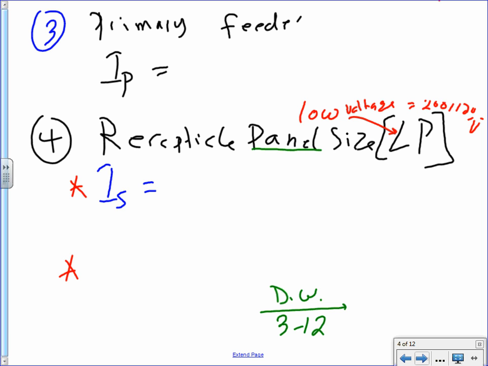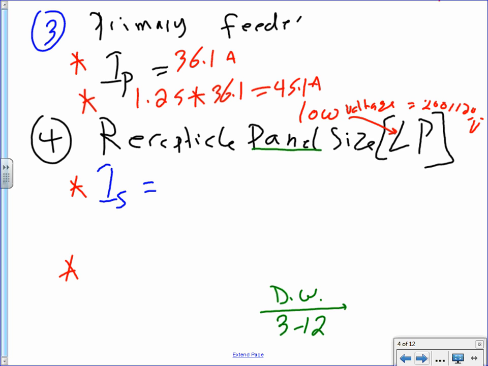So the way we do that, step number 1, if you remember, the primary current was 36.1 amps. Then you take 1.25, assuming it's continuous load, multiplied by 36.1, and that will get you a healthy 45.1 amps.